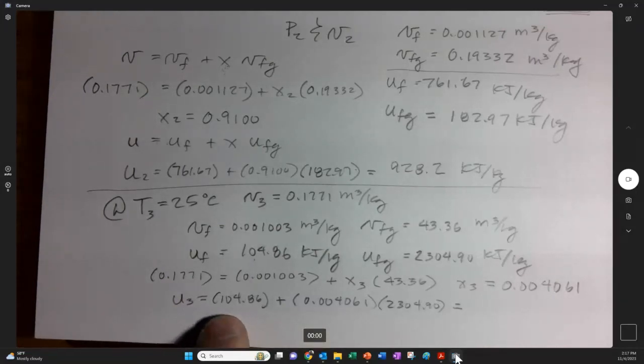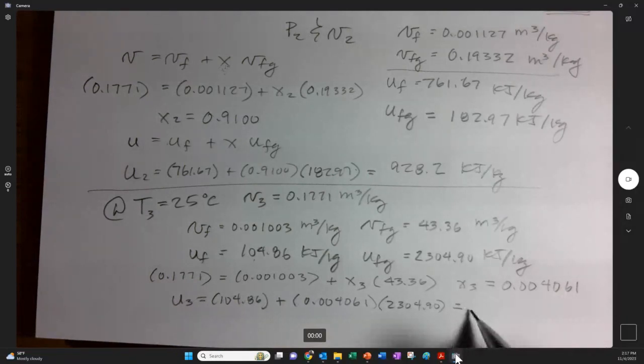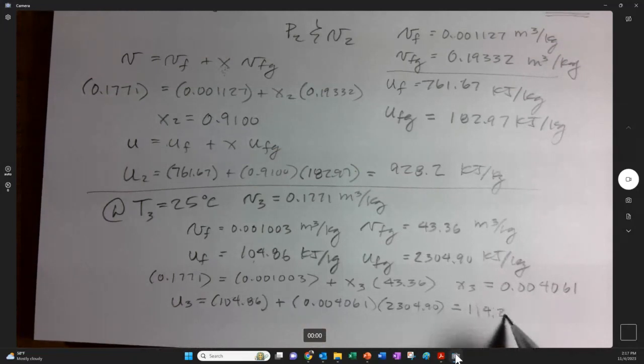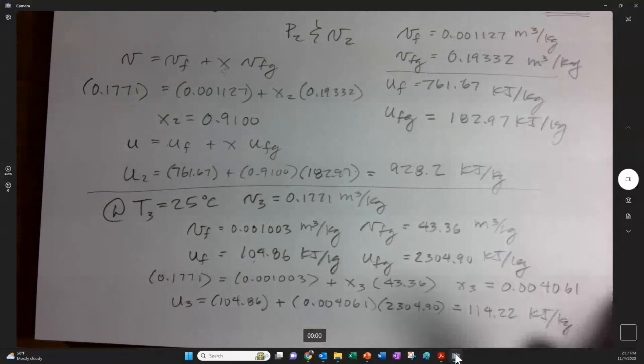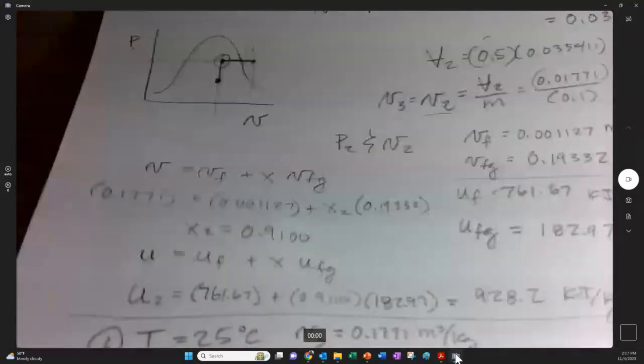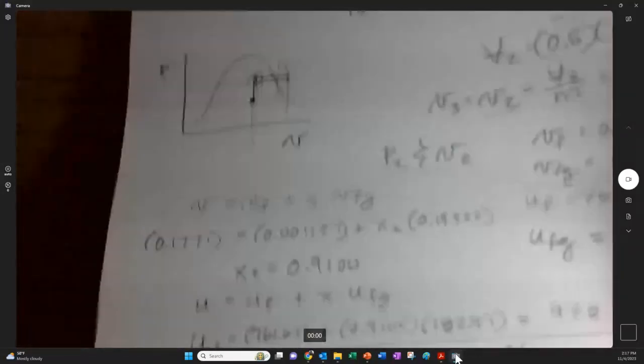So not a lot, like 9.36, and then you add it to 104.86, and you only get 114.22. All right, I know this is a long problem, so it would make for a very long exam problem. Not very long, but you couldn't ask many of these.